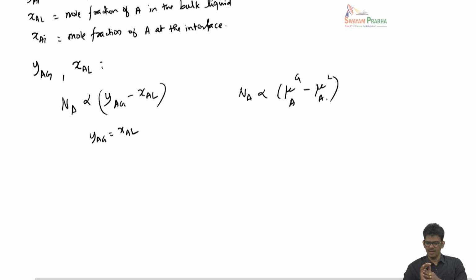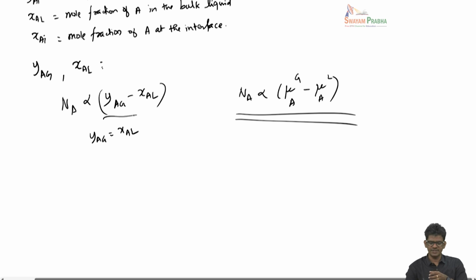But the problem with this expression is that unlike the mole fraction, which is a measurable quantity in experiment, the chemical potentials are not measurable directly. Unlike a thermometer or barometer, there is no chemical potential meter that you can use to measure the chemical potential of the species. It is indirectly calculated by some other means.